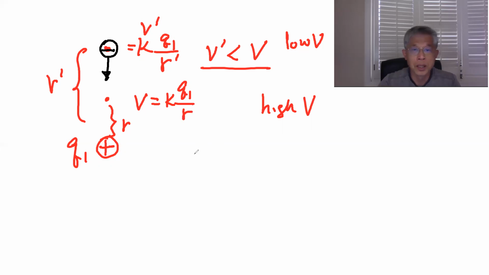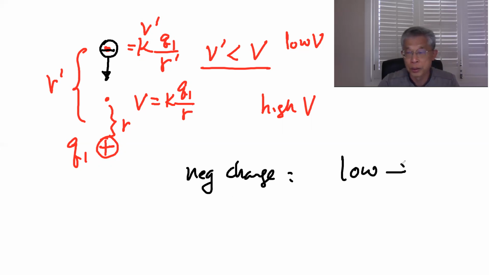You can see for a negative charge, the natural tendency is to go from low V to high V.